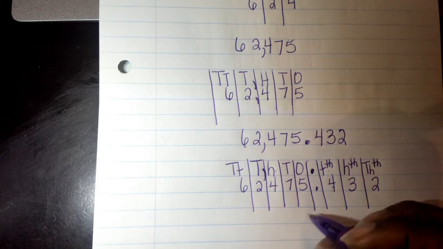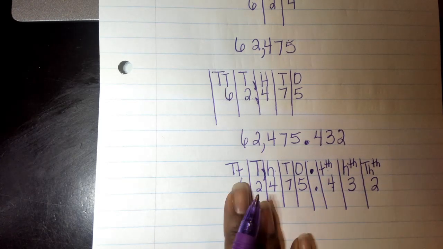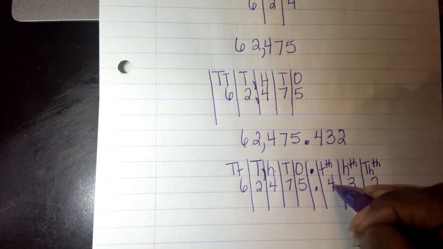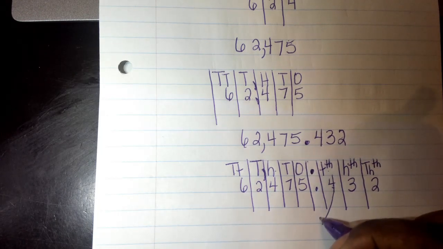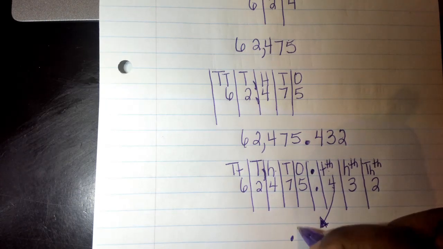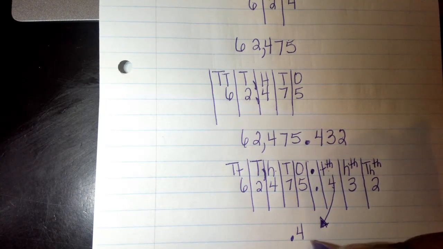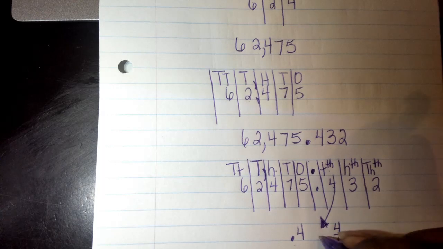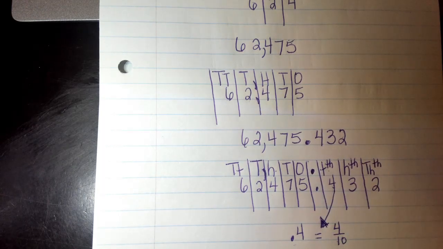So here, we could also take this and show that this 4 is decimal point 4. You might also see it written as 4 tenths. These numbers are equivalent. Those are the same things.